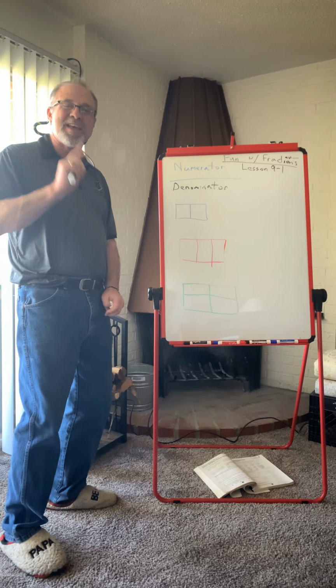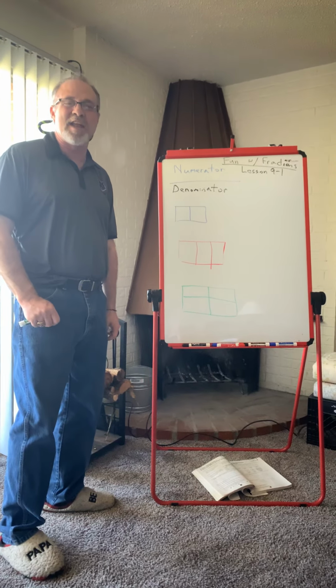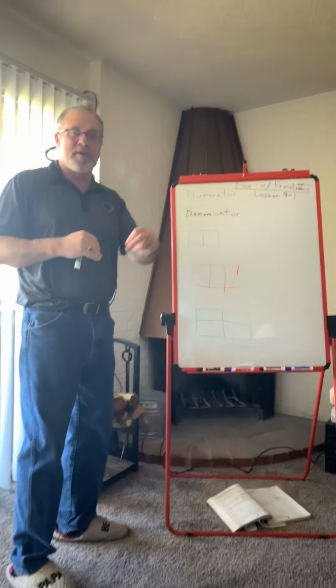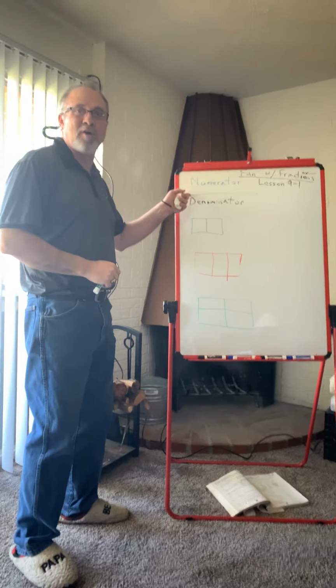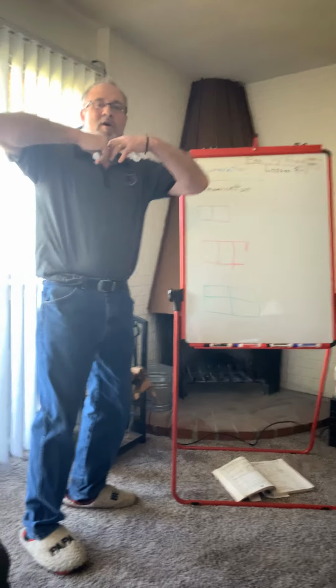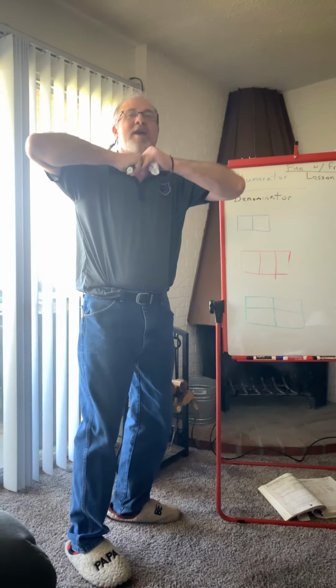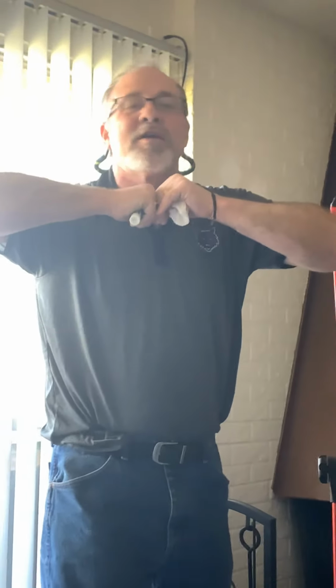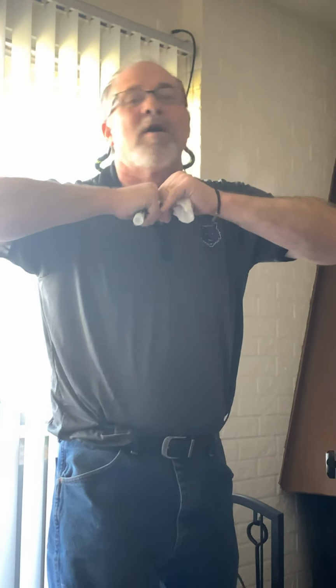Now, the first thing you have to understand is that a fraction has two parts, a top part and a bottom part. The top part is called the numerator. So let's do something, ladies and gentlemen. Let's put our arms like this and your head right there. Your head is the numerator. You see that? Do that with me. Numerator, numerator.